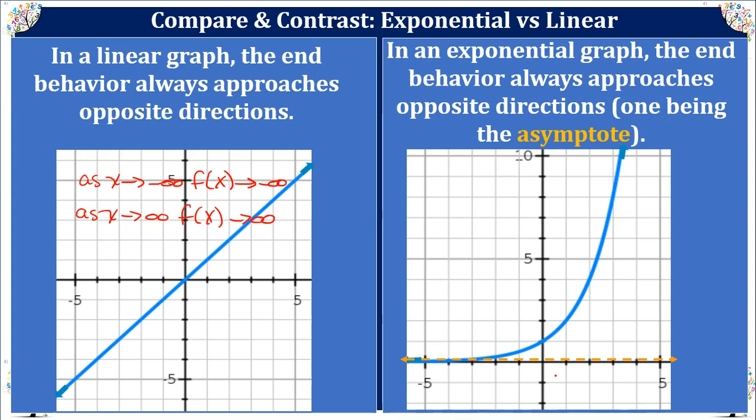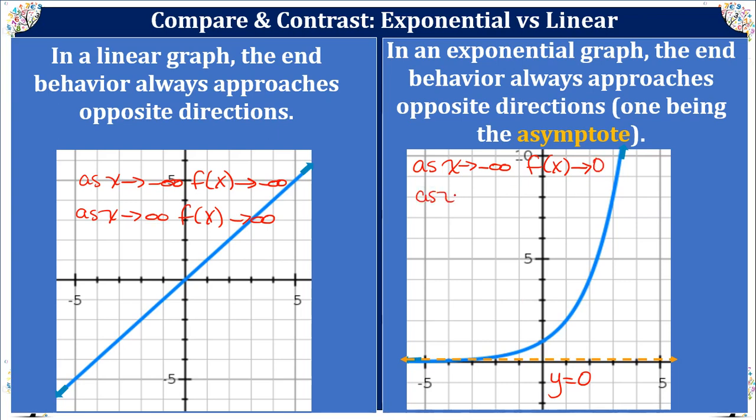Let's look at our exponential. I'm going to jot in our asymptote. On the left side of our graph, as x approaches negative infinity, f of x approaches my asymptote. As we go left, the blue line, our graph, is approaching our asymptote of 0.